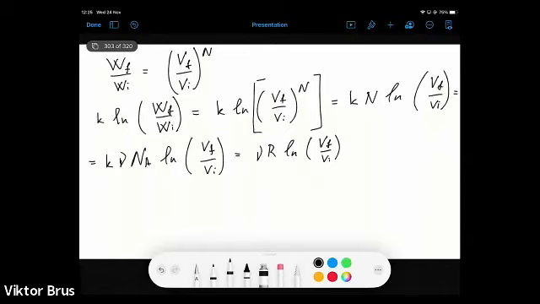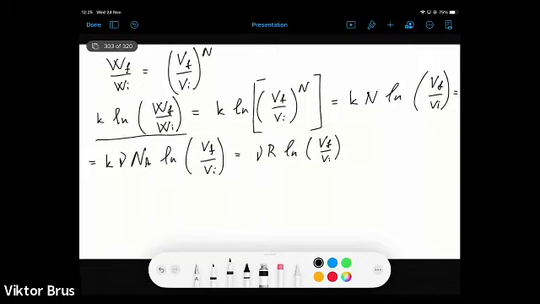So with this, we finished our derivation. What we can do here, we can write in another form this first term, like left side.